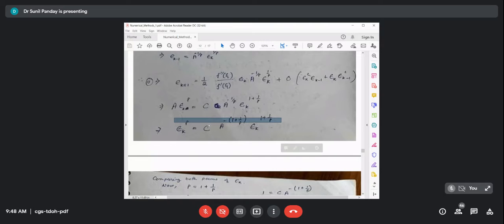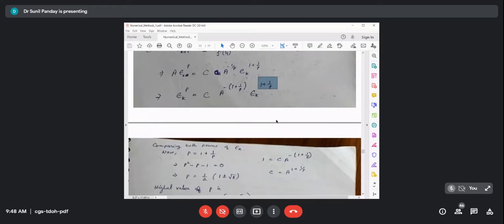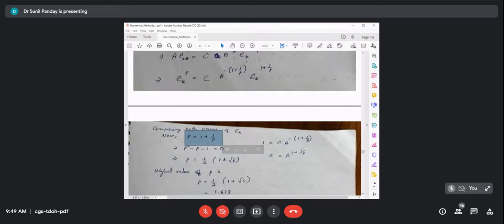Since epsilon k terms are here, this p should be equal to 1 plus 1 upon p. So comparing the powers of epsilon k on both sides, we get p equals 1 plus 1 upon p, and then we have this quadratic equation, and we know the formula to solve a quadratic equation of this form.